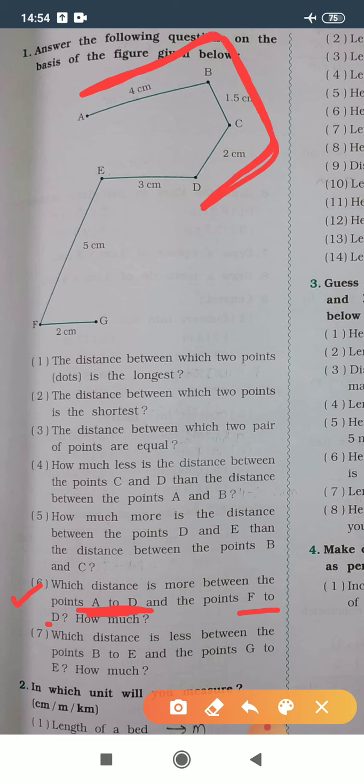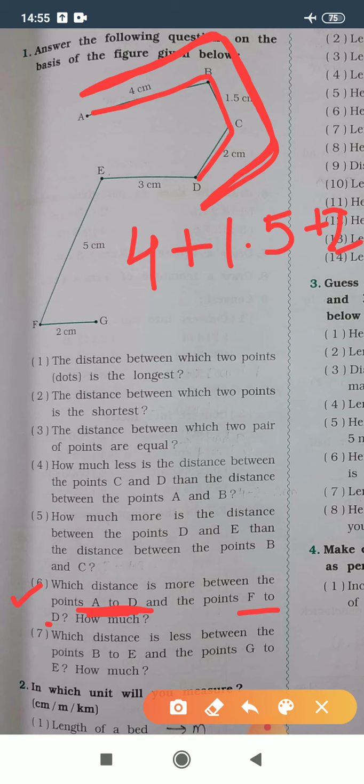For that we need to add all these sides. So first 4 centimeter, after that 1.5 centimeter, after that 2 centimeter.